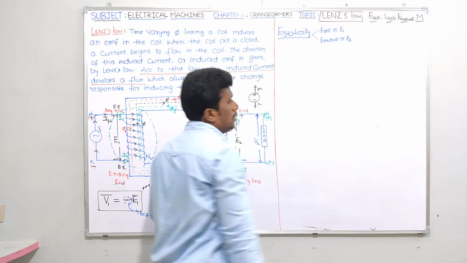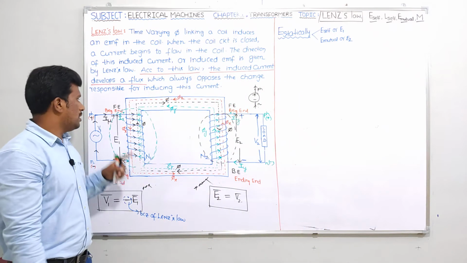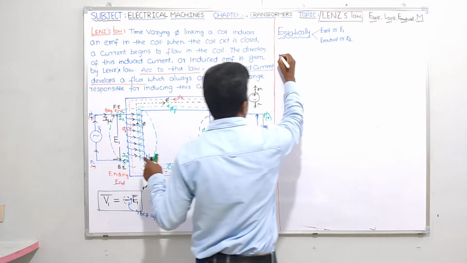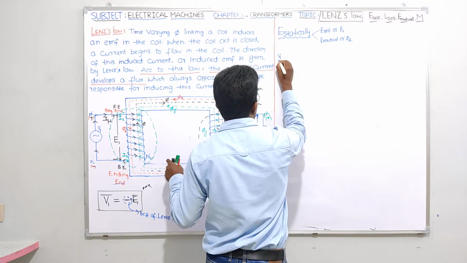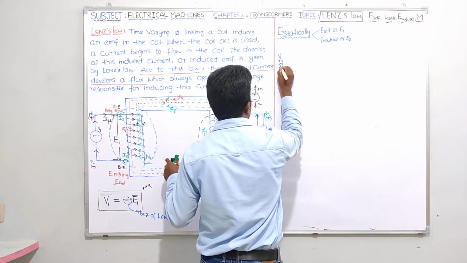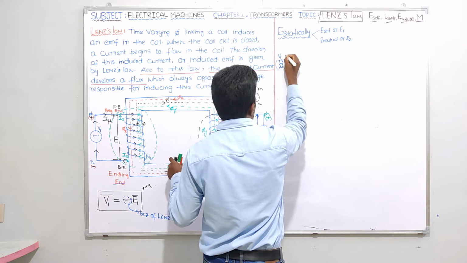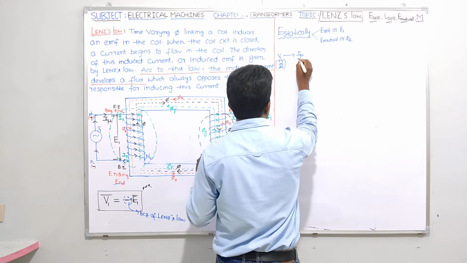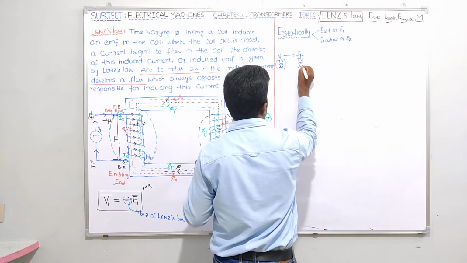See guys, in the last video I told, once again repeating, whenever a time variant voltage source is connected to the transformer, the current taken by the transformer, I mu, is also time variant or AC.